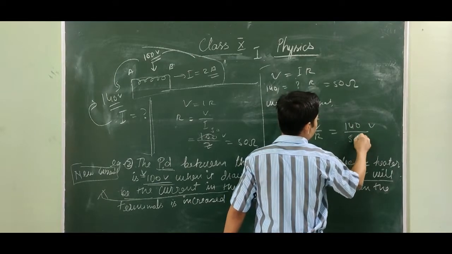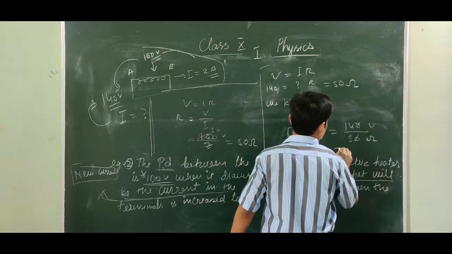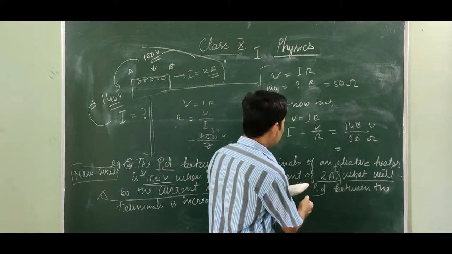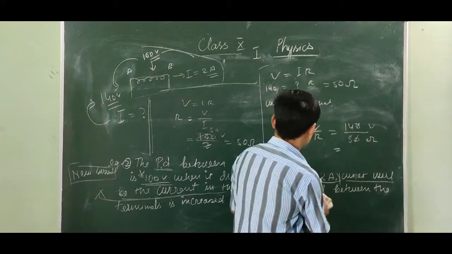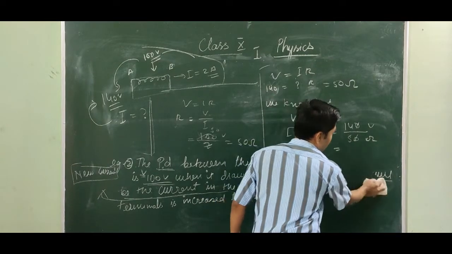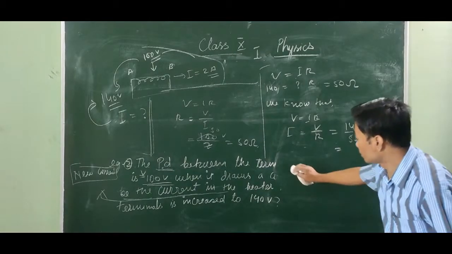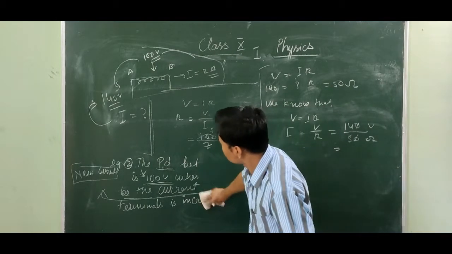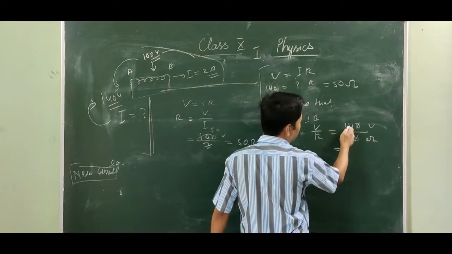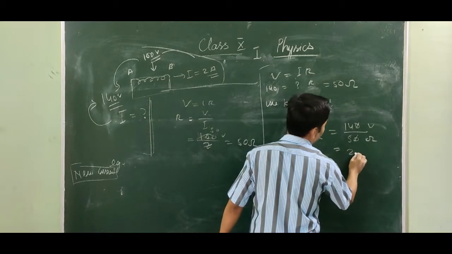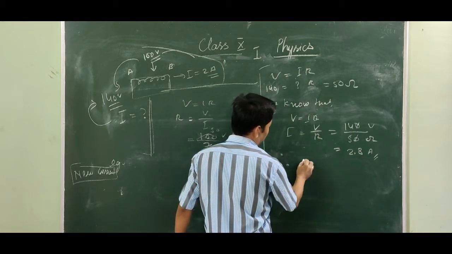If you divide this, you will get a current of 2.8 ampere.